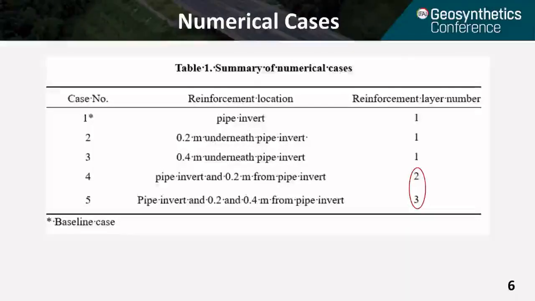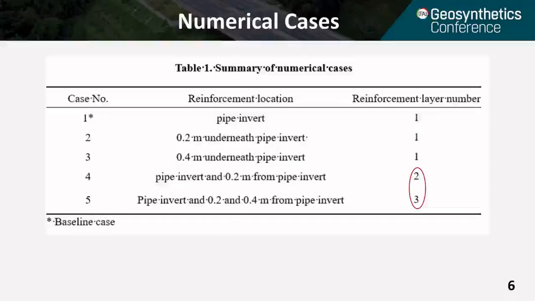For case 2 and case 3, we move the single layer of reinforcement from the pipe invert, lowering it by 0.2 meters in case 2. In case 3, we lower it by 0.4 meters, but we still have a single layer of reinforcement.